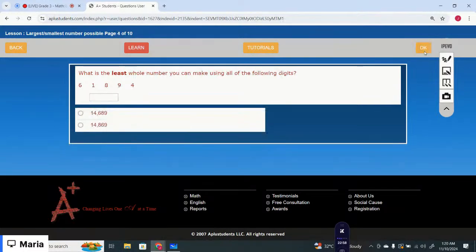What is the least whole number you can make using all of the following digits? Which is the correct option?